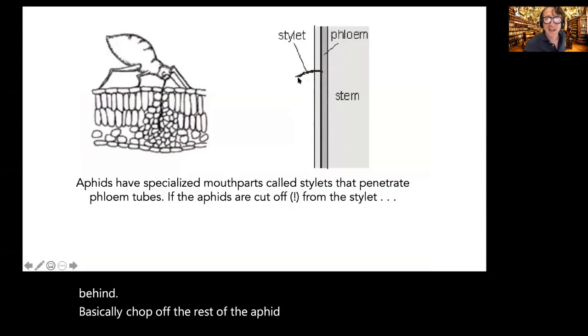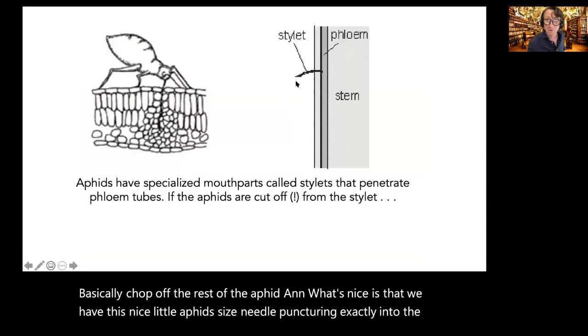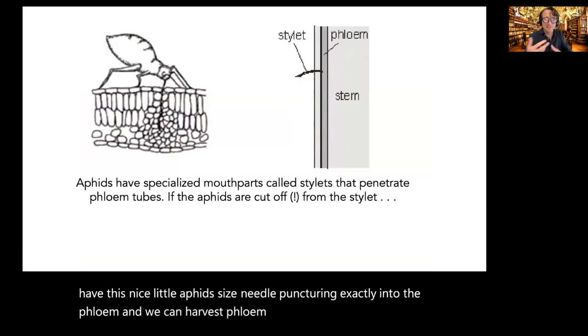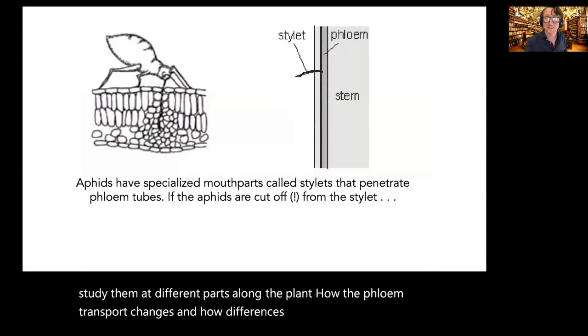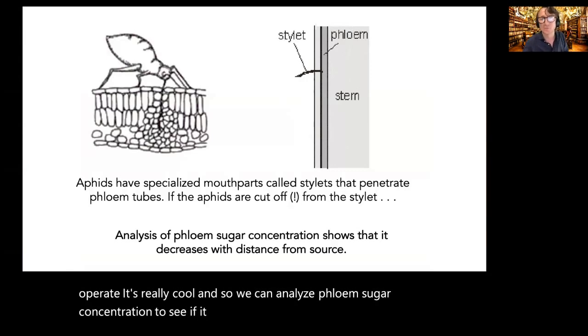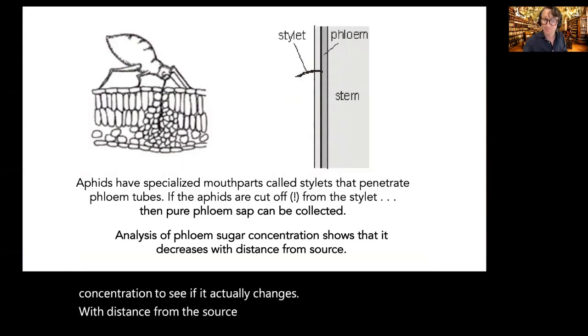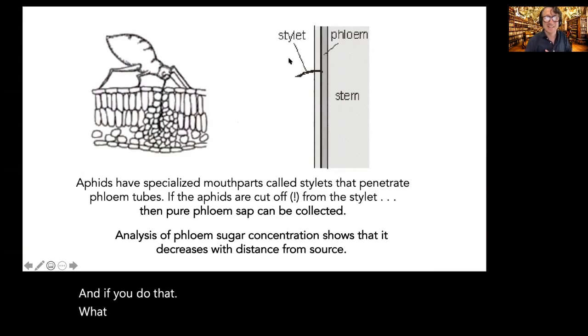And what's nice is that we have this little aphid-sized needle puncturing exactly into the phloem, and we can harvest phloem fluid from it. We can study, at different parts along the plant, how phloem transport changes and how differences in sources and sinks operate. It's really cool. And so we can analyze phloem sugar concentration to see if it changes with distance from the source and distance from the sink. And if you do that, what you find totally supports the Münch pressure flow hypothesis.